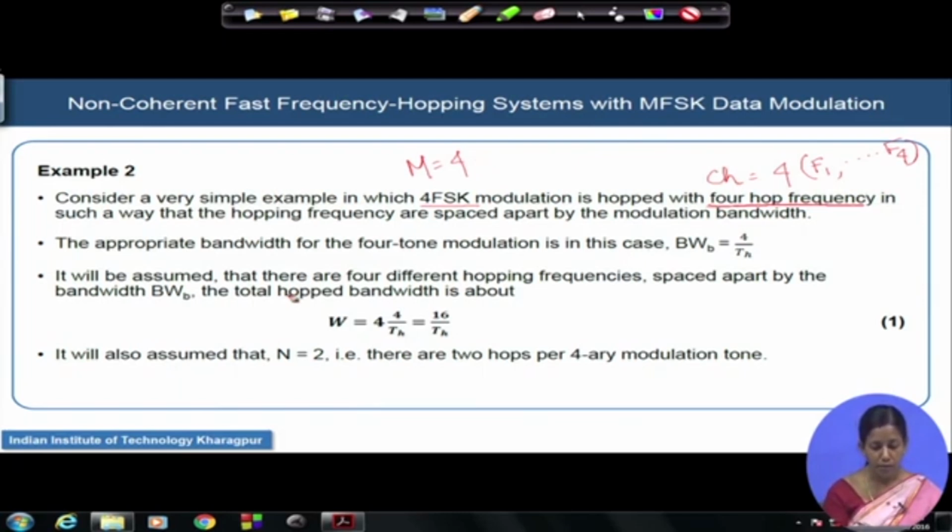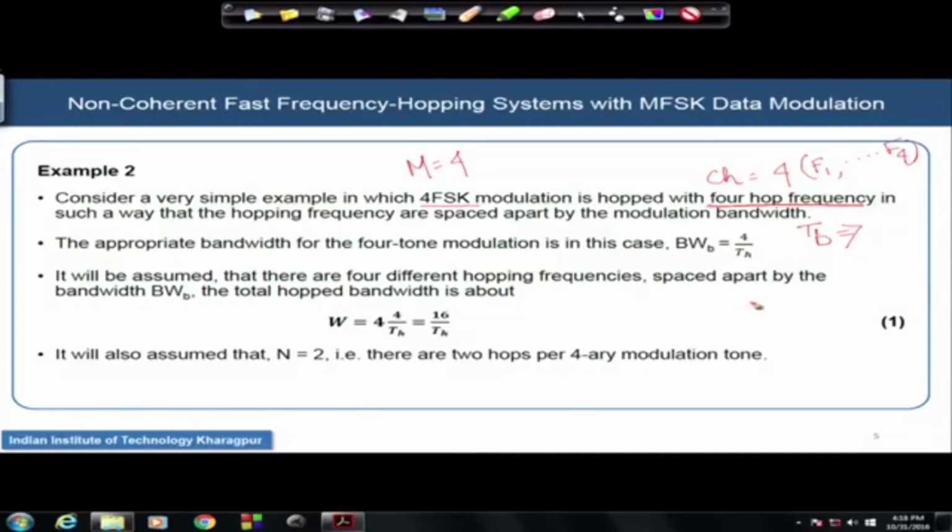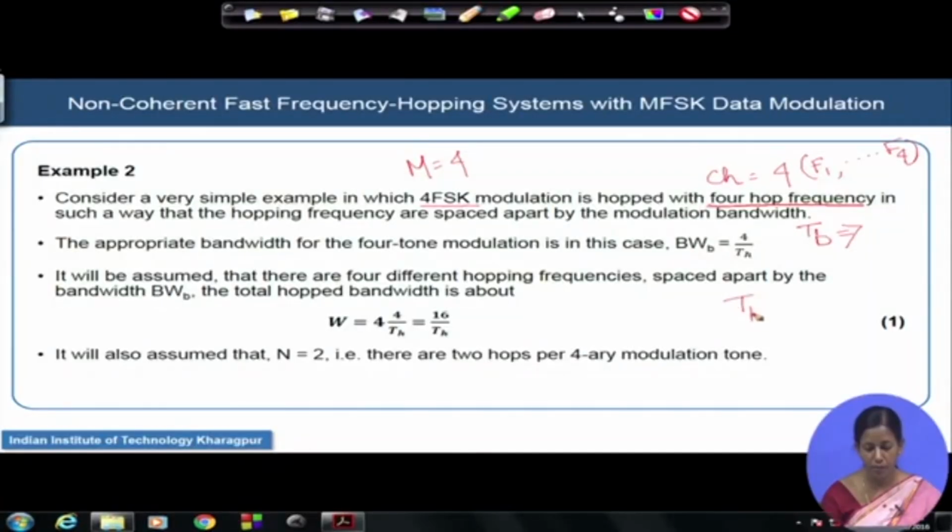But remember, it is a fast frequency hopping. The way we will be hopping is something like this. For each and every transmitted bit, the hopping will be going on. When we define a hopping to be fast or slow, it is relative to the available hopping duration.